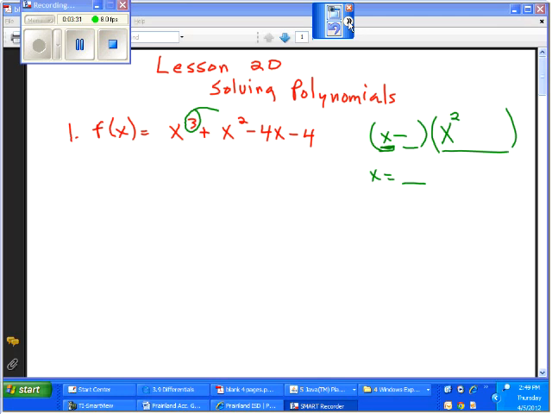And then what we would be left with is a quadratic, which we could solve using quadratic rules. So we would like to find a root so that we could create a factor so that we could get down from the third power to the second power so we could deal with it as a quadratic.